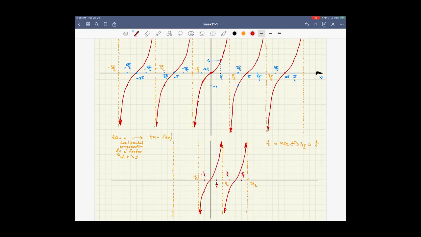And same here, the value will be here 1 and here -1. And this here is -3/4. Sorry, this was -3/2. This is -3/4. This is -5/4. So this is tangent of pi x.